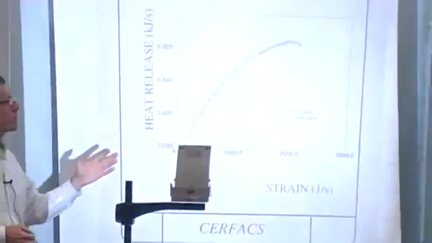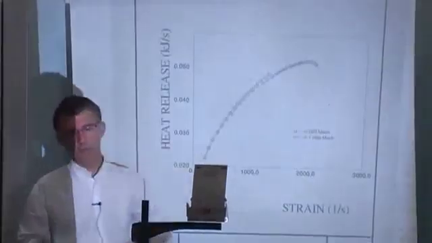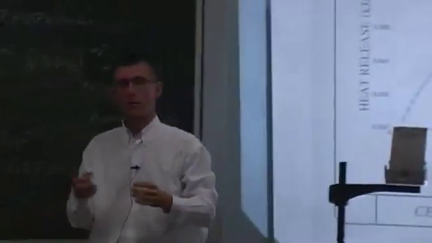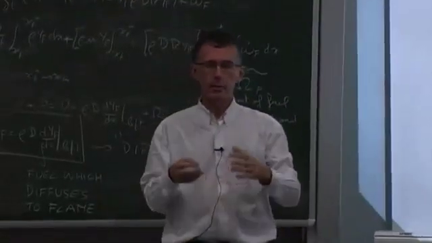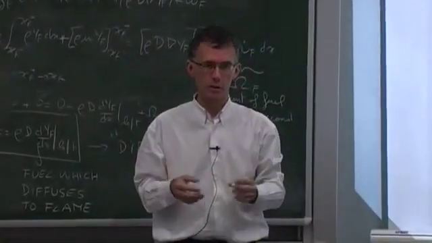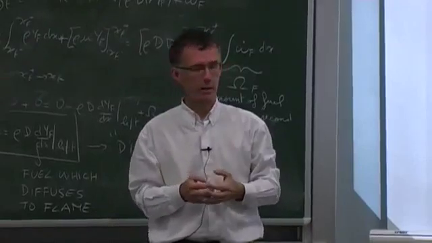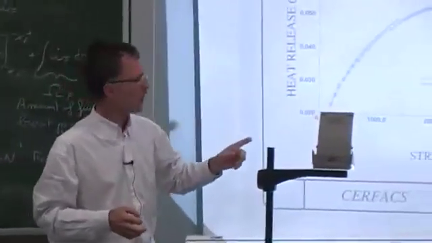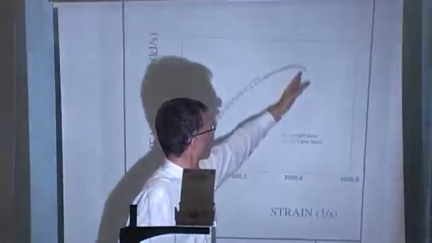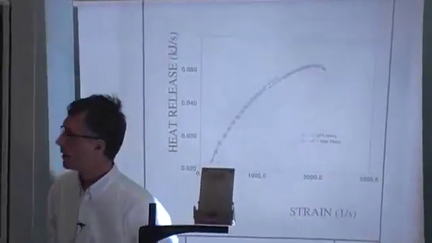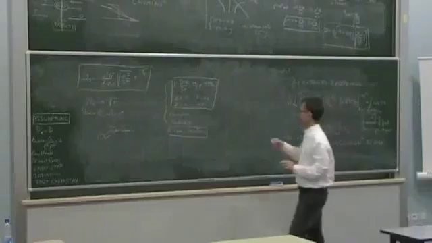Is this always true? Well, same thing. You know that if you have blown on a fire, it helps to blow on a fire. But if you blow too much, then you're going to kill the flame again. So this curve here stops at some point, which is called the quenching strain rate. Let me just explain that.